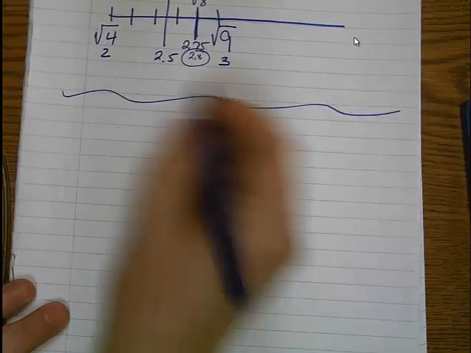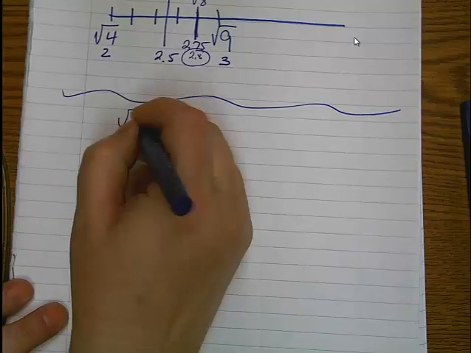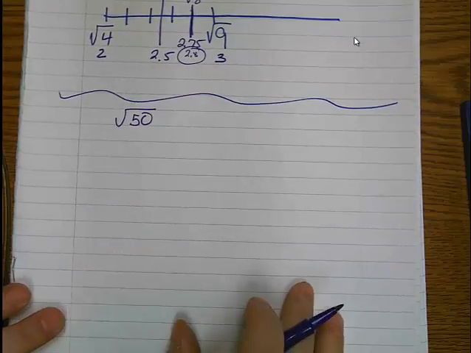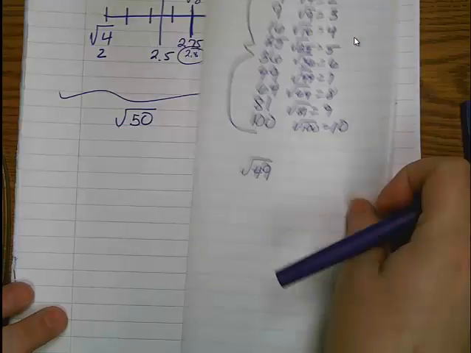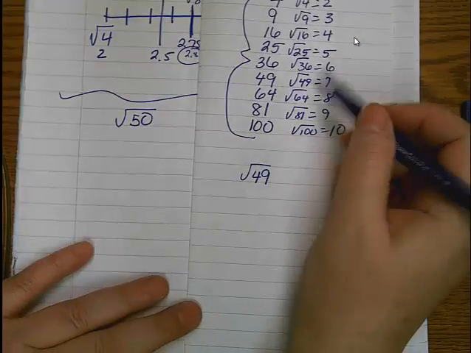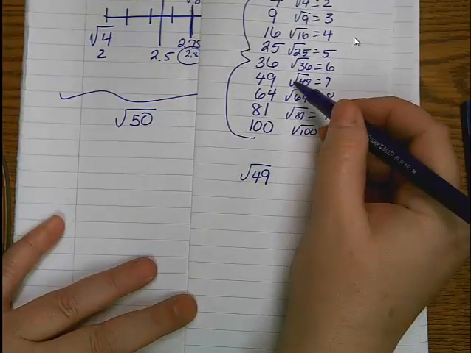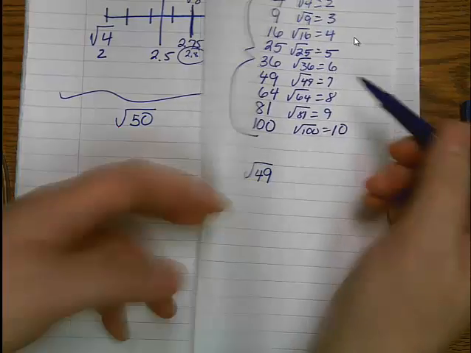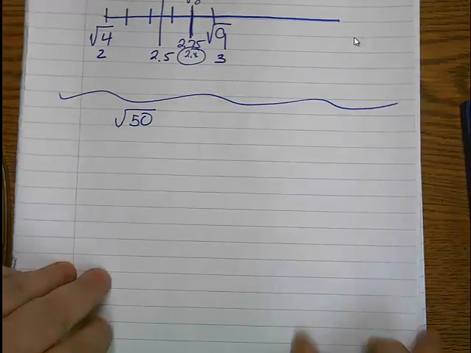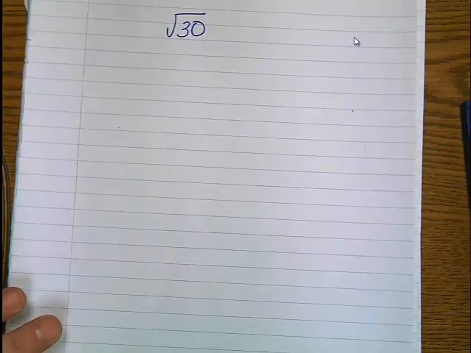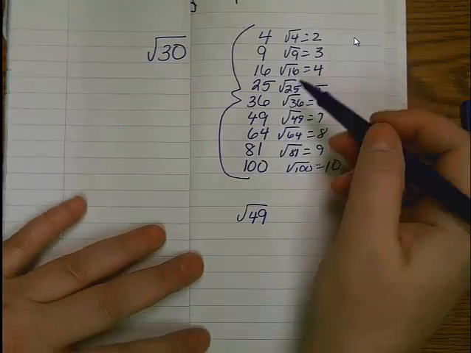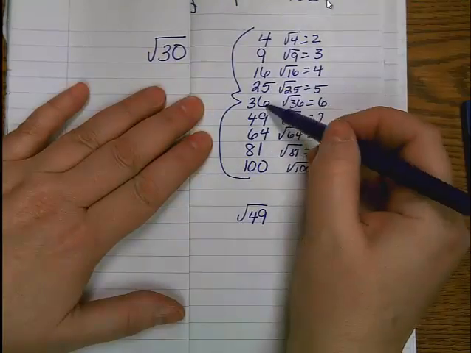We're going to try one more, and we're going to try the square root of 50. Well, actually, that's really easy because it's really close to 49. So let's try something that's not so easy. Let's try the square root of 30. So what two whole numbers would it fall between? 25 and 36, so it falls between 5 and 6.